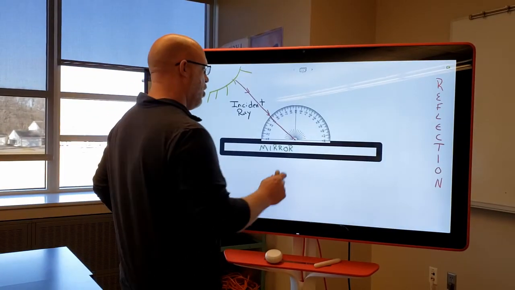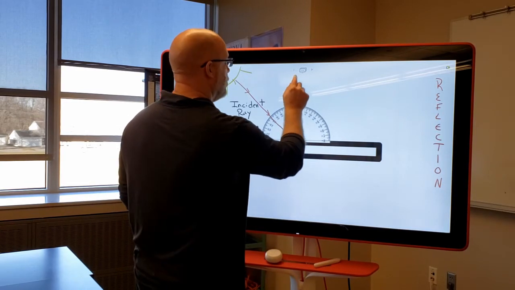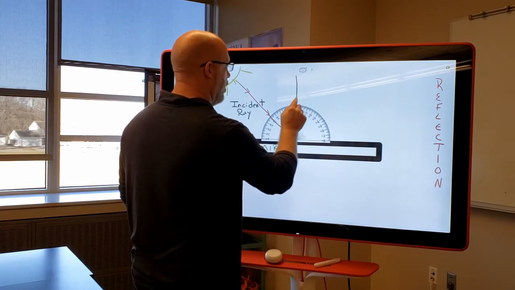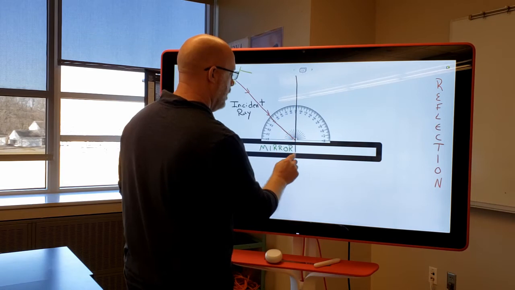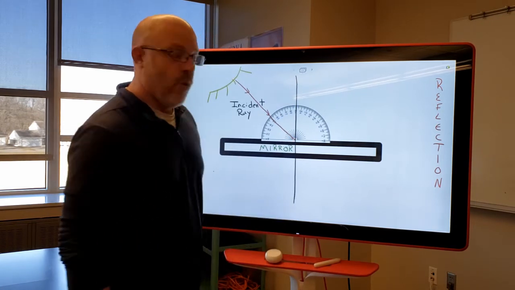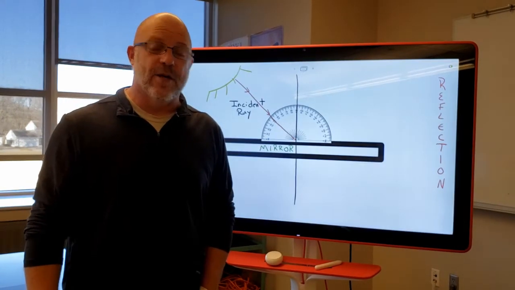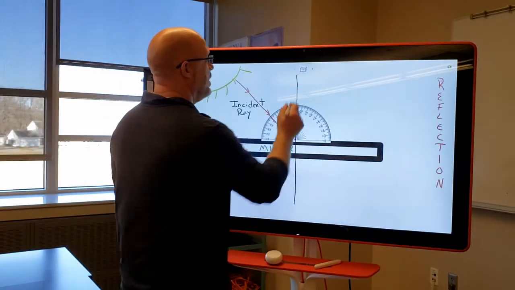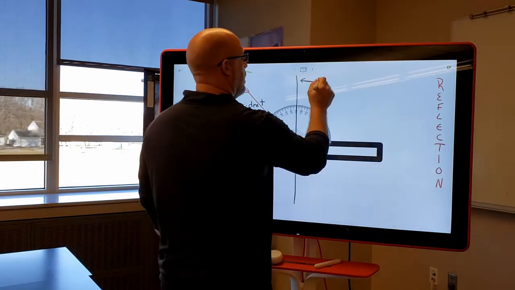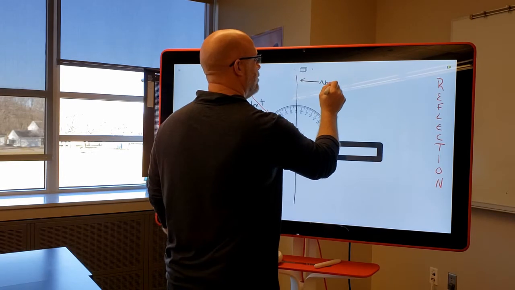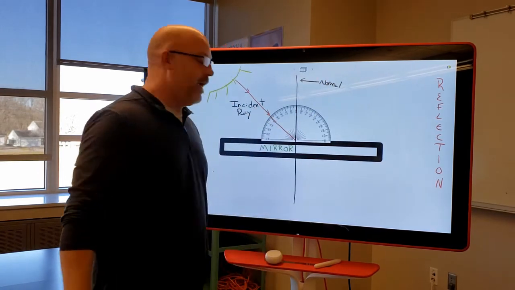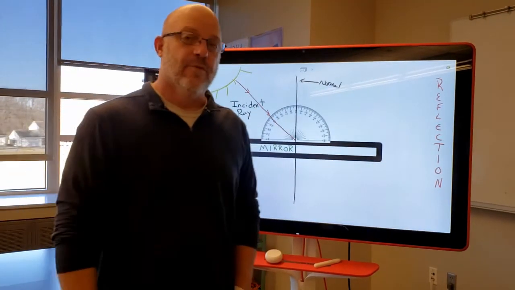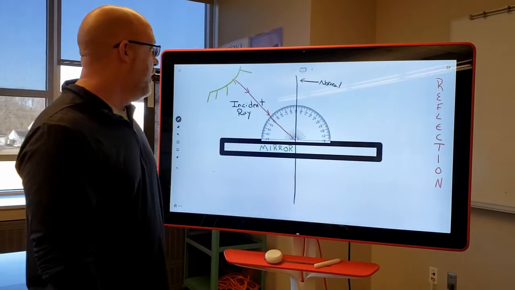So if I'm going to draw in my normal, I am going to draw it straight up from where it hits the mirror, or basically it's perpendicular, it's at a 90-degree angle. This is called the normal. It is a line that is perpendicular from the surface of the mirror.